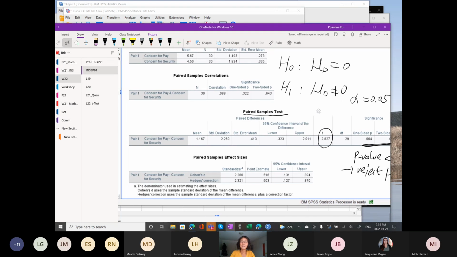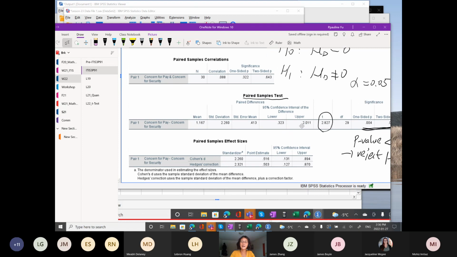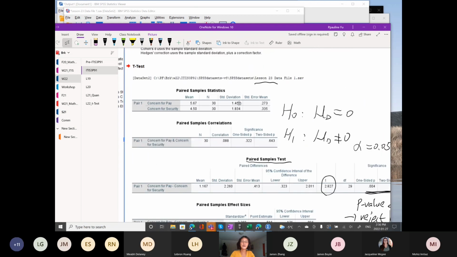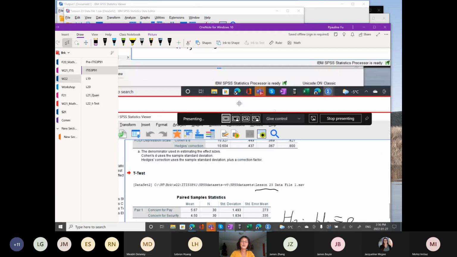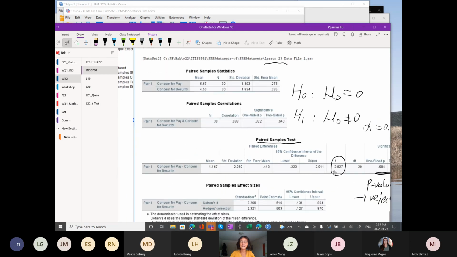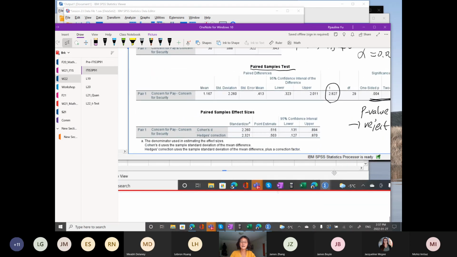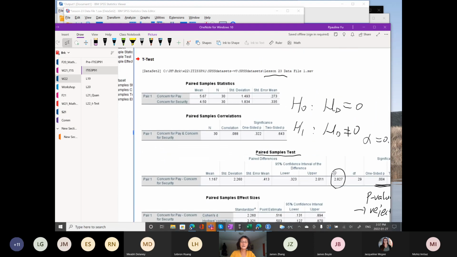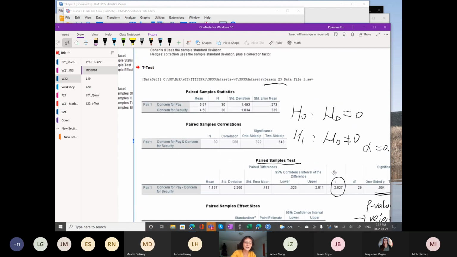If you use the critical value method, you compare the critical value with the test statistic. Again, we have a sample size of 30. The critical value is the same as here, 2.045. So this test statistic, 2.8, is in the rejection region. So you reject H0 based on the critical value method. 2.045 is the critical value, which decides the rejection region.